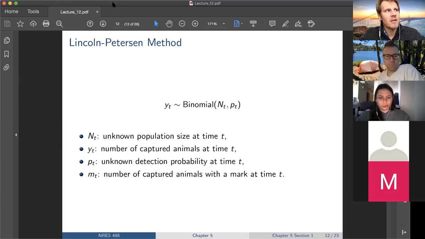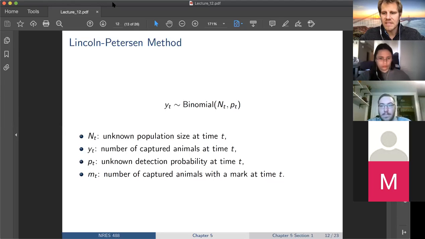It's an unknown value that we want to estimate, and we want to put uncertainty around. P_t is also an unknown detection probability at time t. So P_t is another parameter that we're estimating, and it represents the probability of successfully capturing a snail given the total number of snails that are out there.